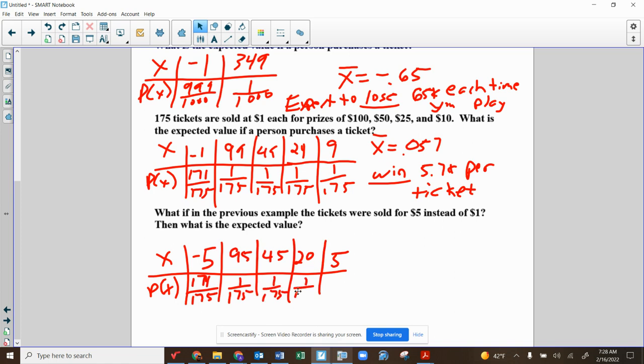Still the same probabilities. And you can do one of two things. You can plug this back into the calculator, or what would actually happen is the expected value would be $4 less than what this is. Either way, it'll be negative $3.94. So you'd expect to lose $3.94 per ticket on average.